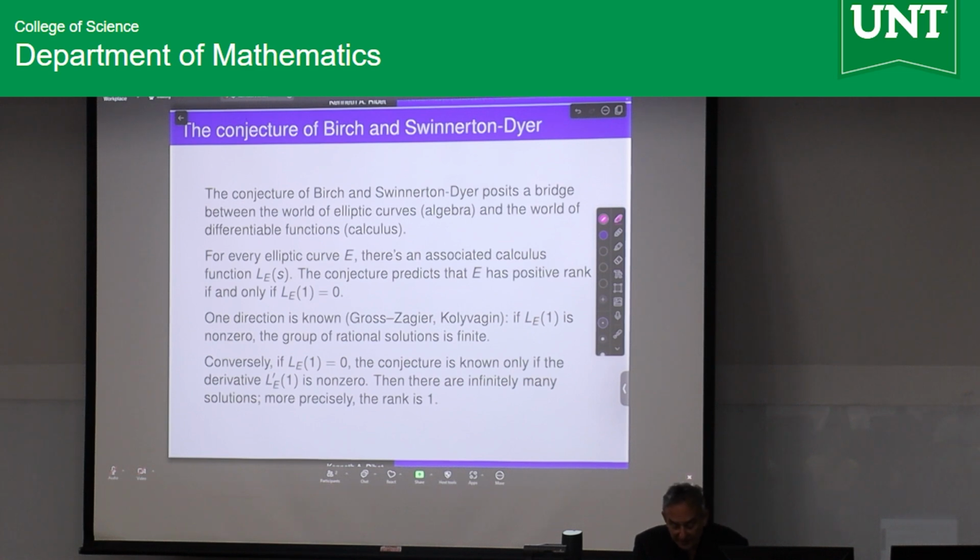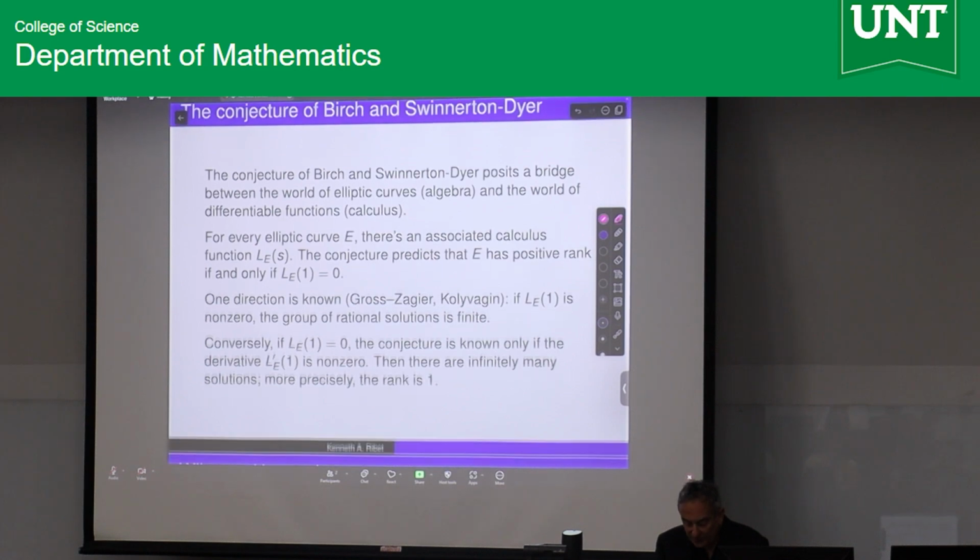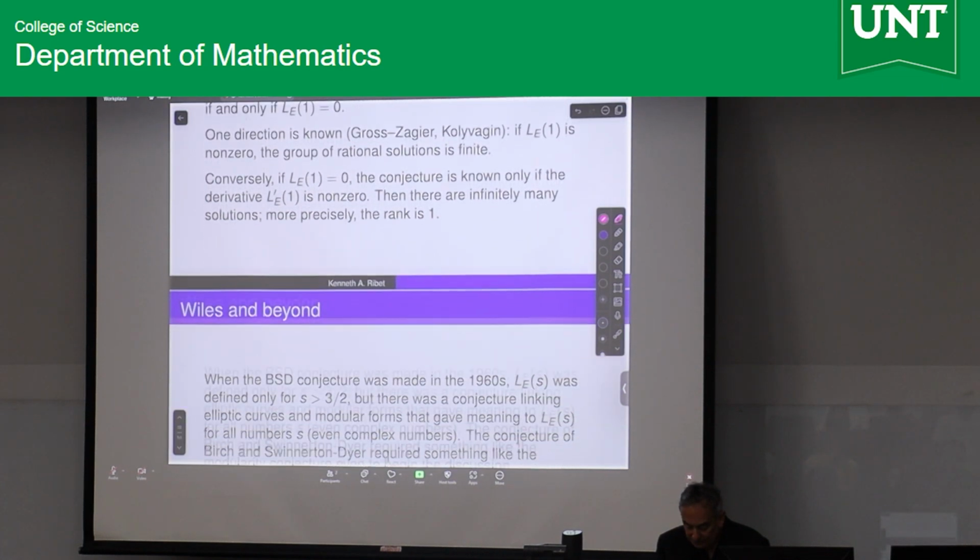On the other hand, if the number is 0, then we can't say necessarily that the rank is positive. But if it so happens that the derivative of the function is non-zero when the value of the function is 0, that can happen, then the rank is known to be positive, in fact, it's known to be 1. So that's basically all we know about that conjecture.